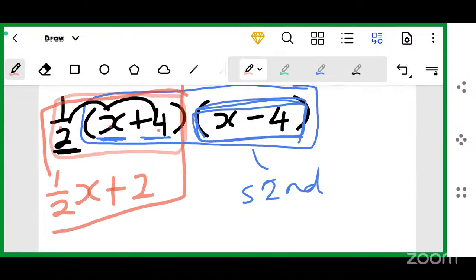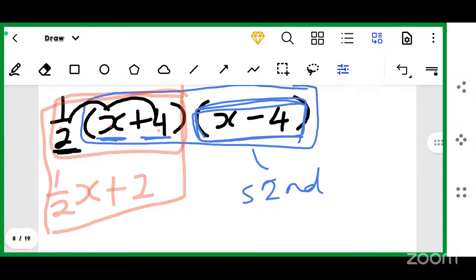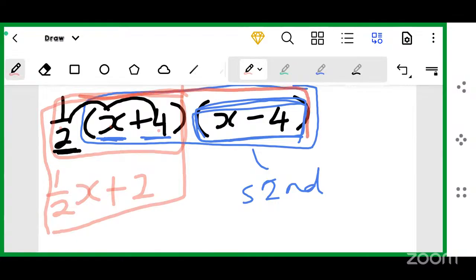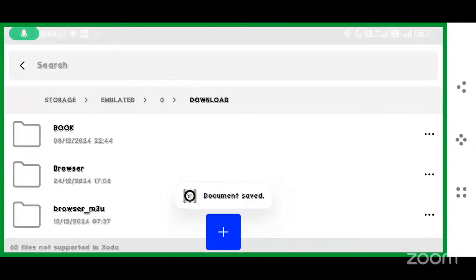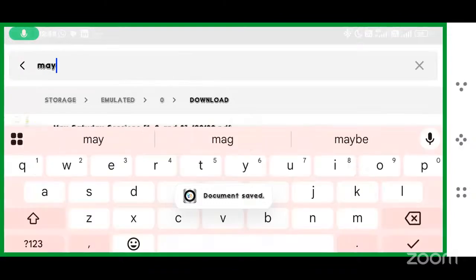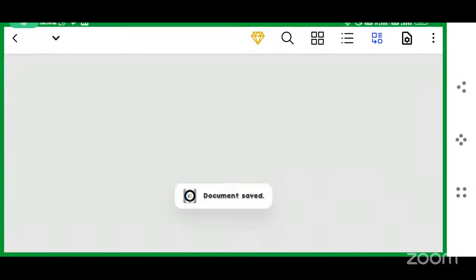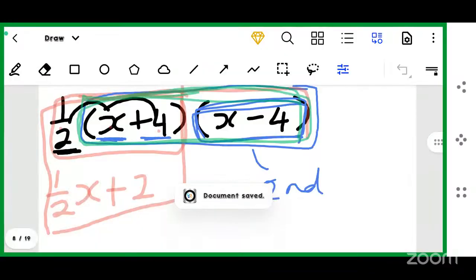But then, since we have these two brackets, we also have to work them out for us to have a final complete expression. So what do we do first?